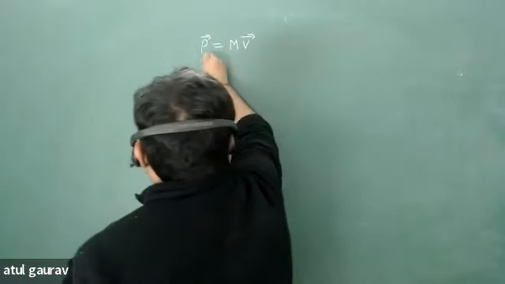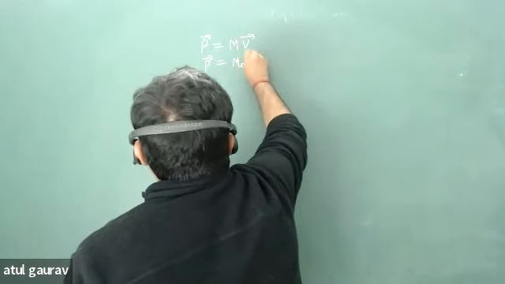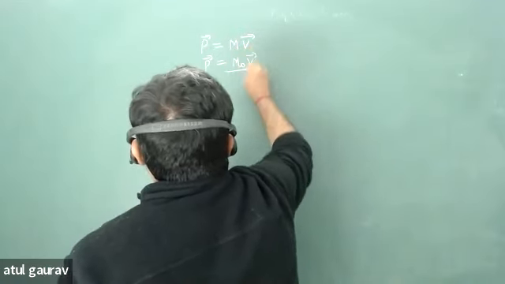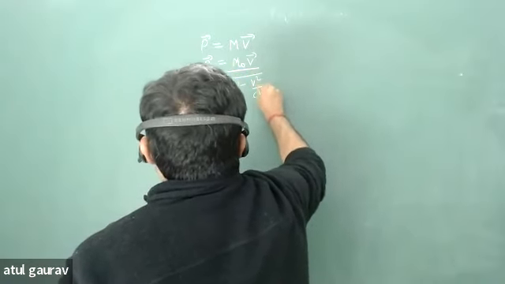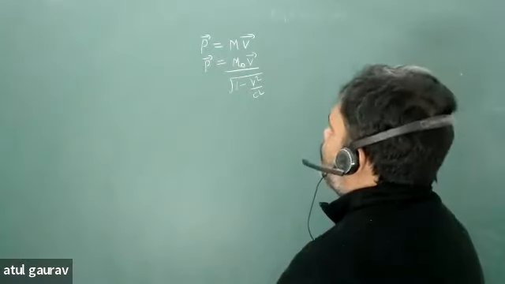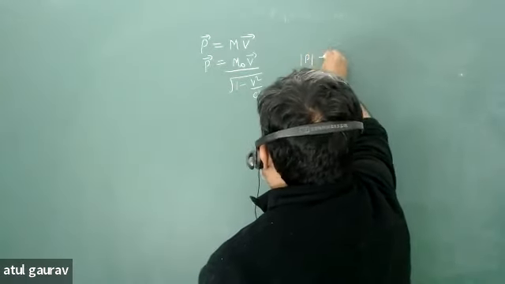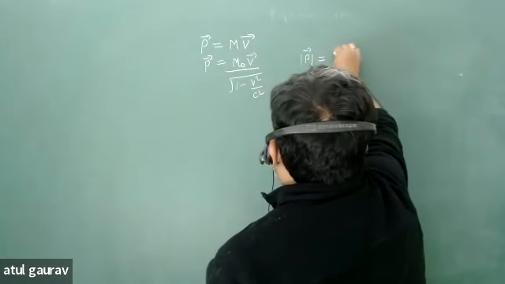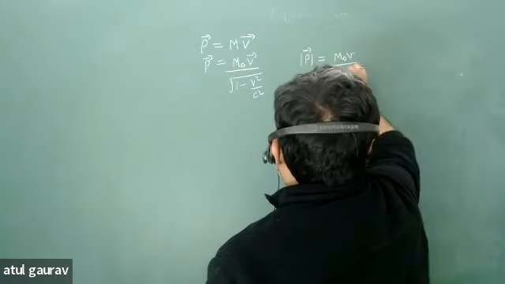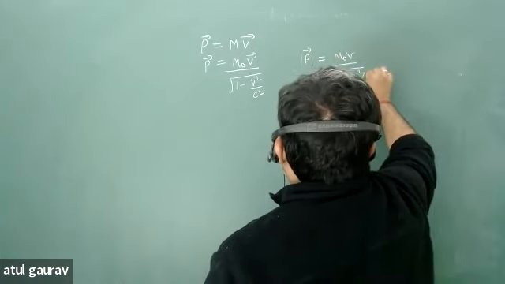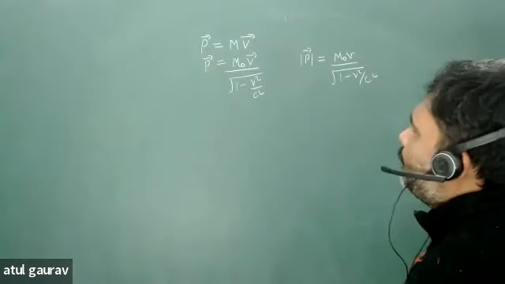So this momentum can be written as m naught v upon root under 1 minus v square upon c square. So this is the definition of momentum. And if you want the magnitude, then the magnitude of this momentum is m naught v upon root under 1 minus v square upon c square. So this is the magnitude. Okay.